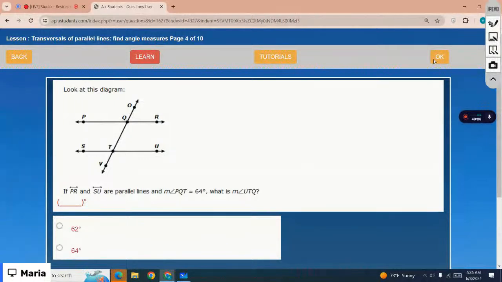Look at this diagram. If PR and SU are parallel lines, and the measurement of PQT is 64 degrees, then what is the measurement of angle UTQ? So which is the correct option?